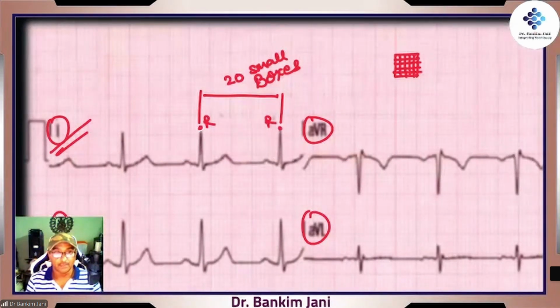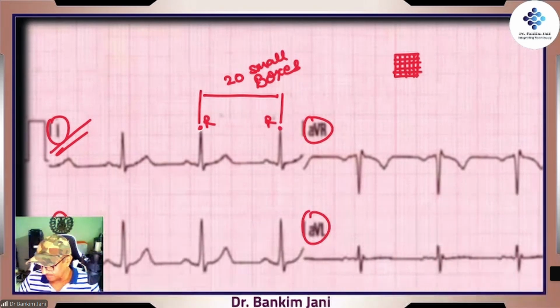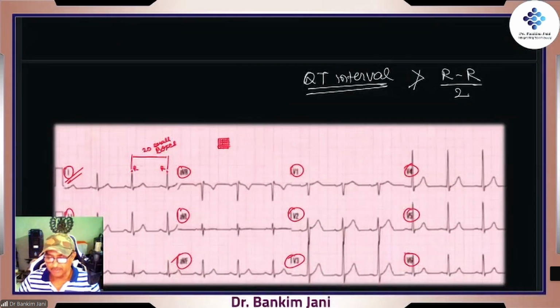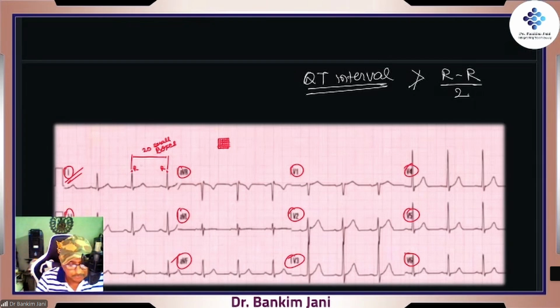Now we say that the QT interval should not be more than half of the RR. Let's find out where the QT is. In this, this is the P wave, this is the Q, R, S, T. This one is the T. So from the beginning of the Q to the end of the T, this is this distance.